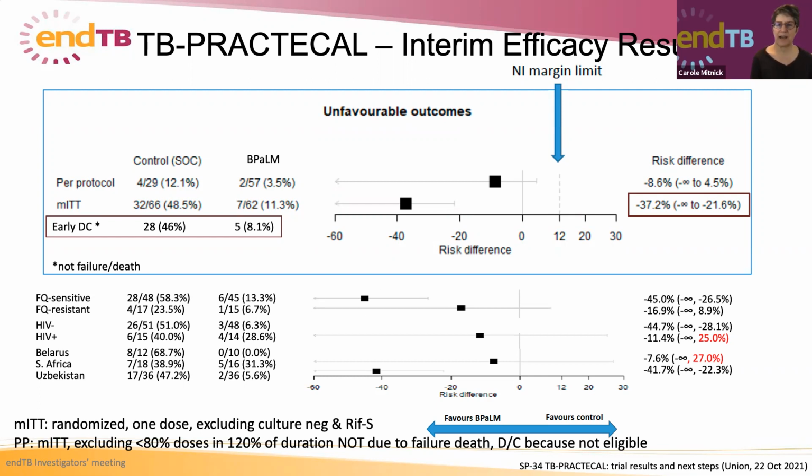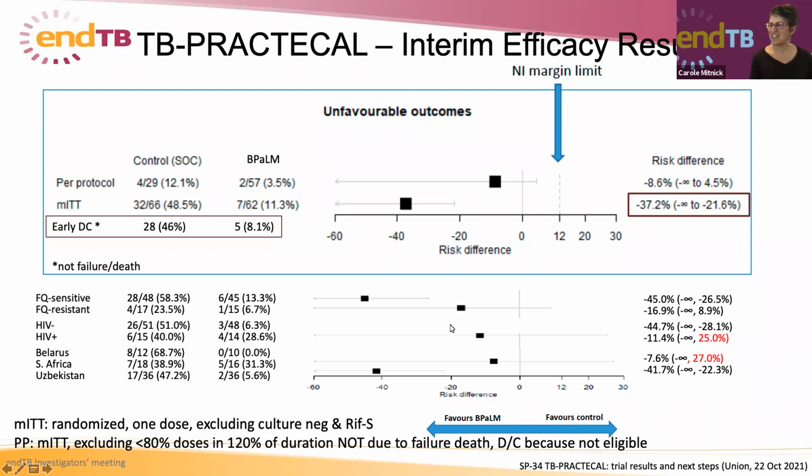Subgroup analyses have to be interpreted with great caution because they were very small, too small to be conclusive, but they're just worth noting and watching. In particular, well, can't see the HIV negative bar. Sorry about that. It's somewhere over here.